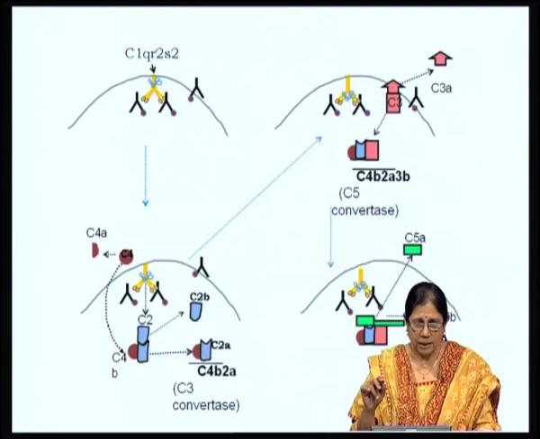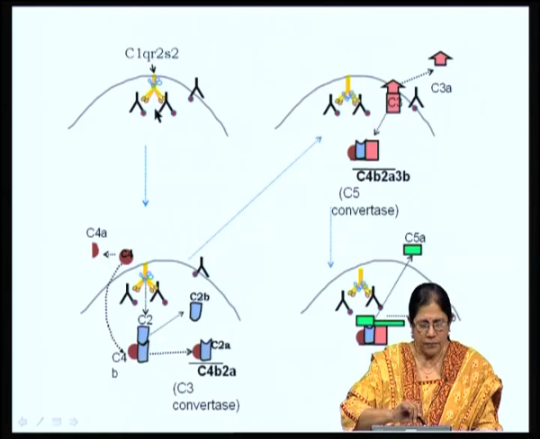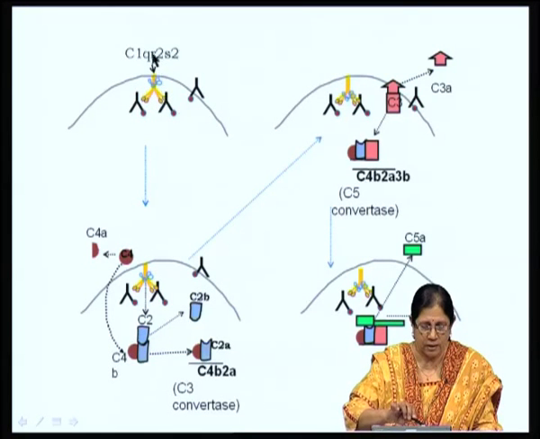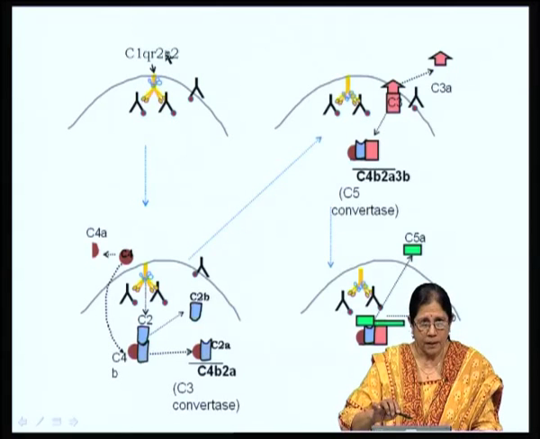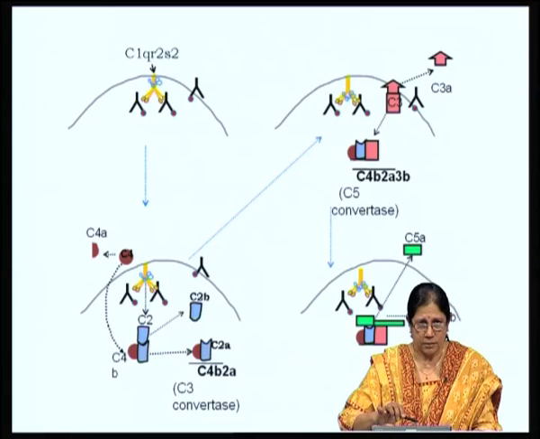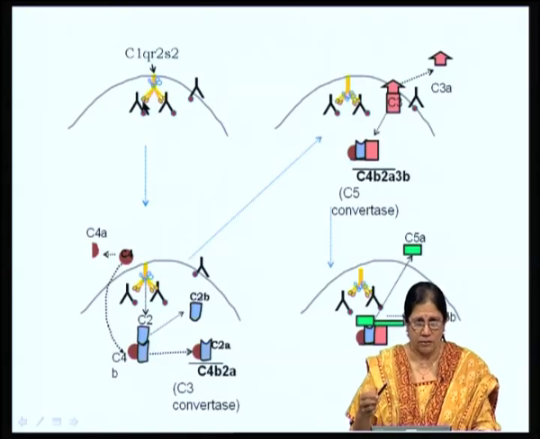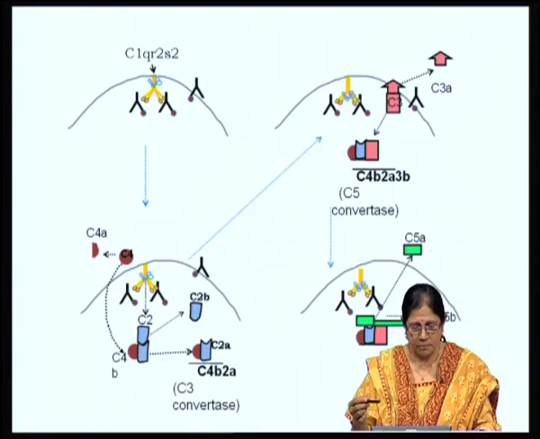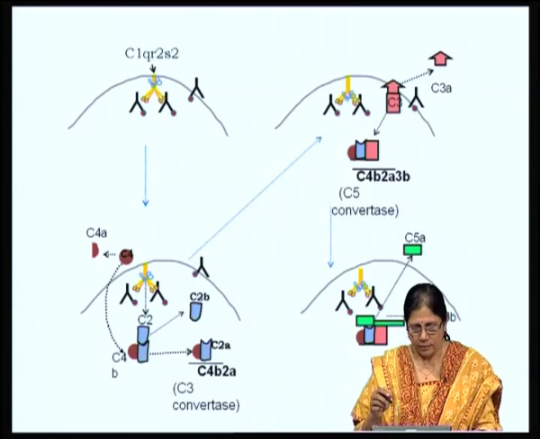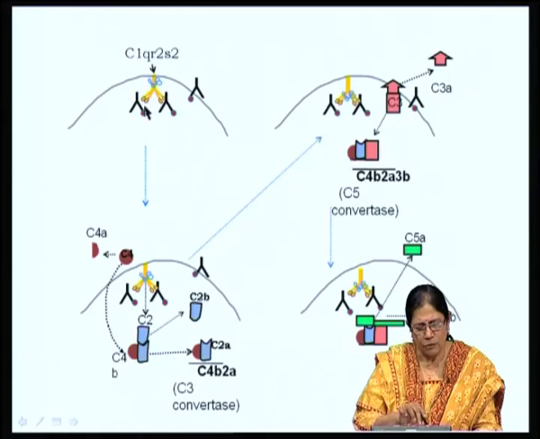The reason being that IgM is a pentameric structure, and since two heads of one C1q molecule are required to activate the complement cascade, IgM, which has a pentameric structure, is more likely to be able to engage two heads of the same C1q at one particular position. Therefore, IgM is much more efficient. Now, what happens here? Here of course, I have only IgG, and let us go on with that.